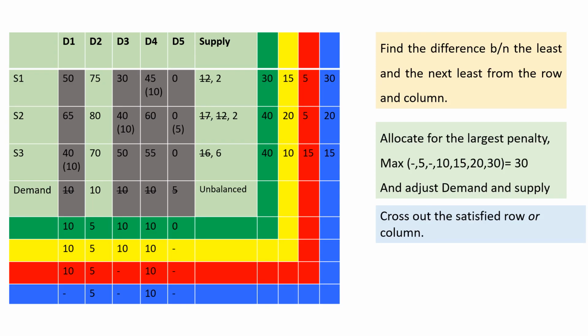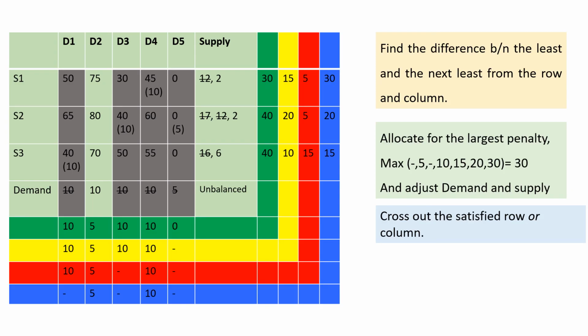And the next task is, as you see, the supply. By the way, we can repeat the steps again, but it is better to make it short. From the supply side, there are 2, 2, and 6 supplies from S1, S2, and S3 respectively. And here the demand is 10, so we just allocate these supplies to D2. These 2 will be assigned to D2, these 2 will be assigned to D2, and this 6 will be assigned to D2.